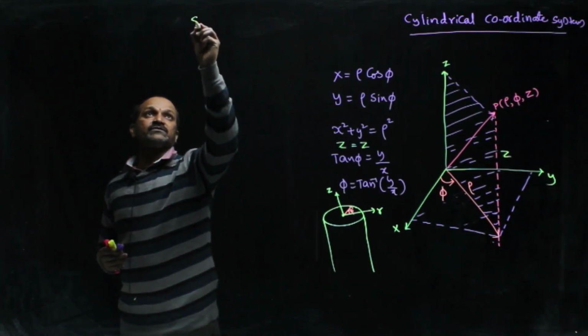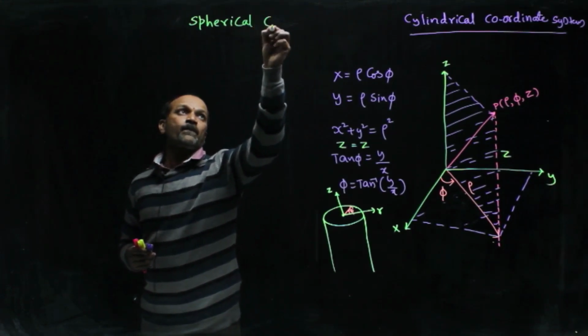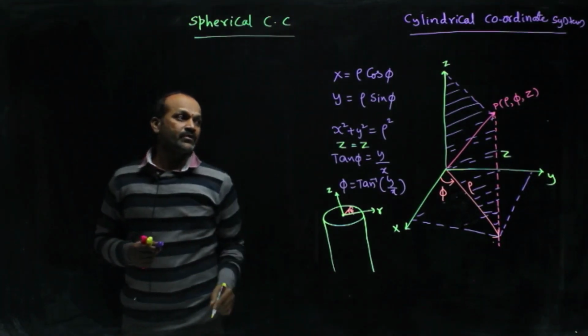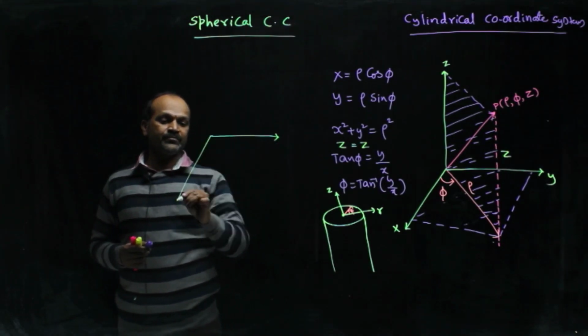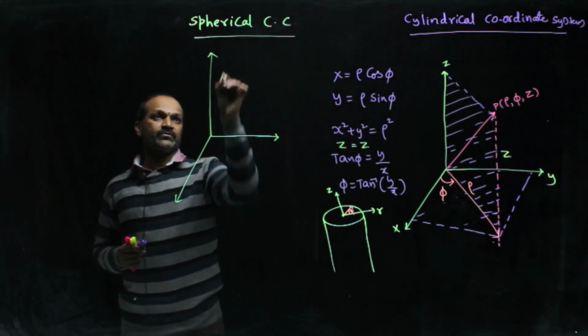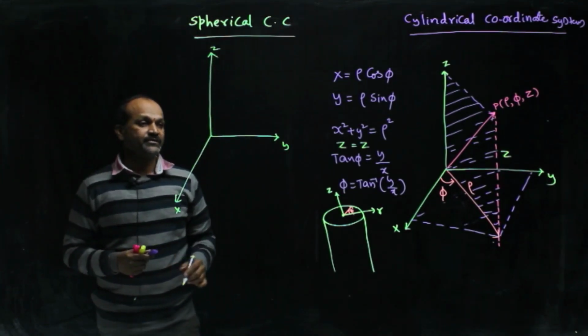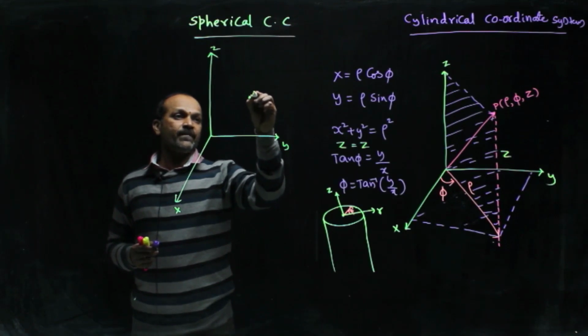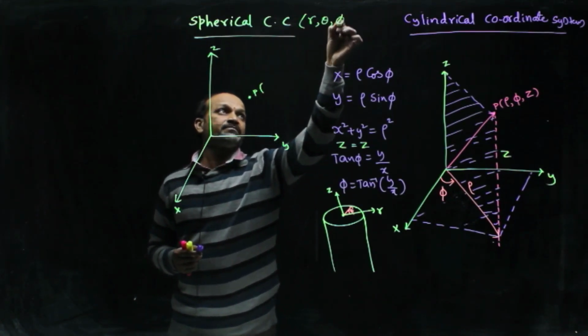spherical coordinate system. Let us draw the axis system over here. X axis, y, z, right? Somewhere point P, it has coordinates r comma theta comma phi.